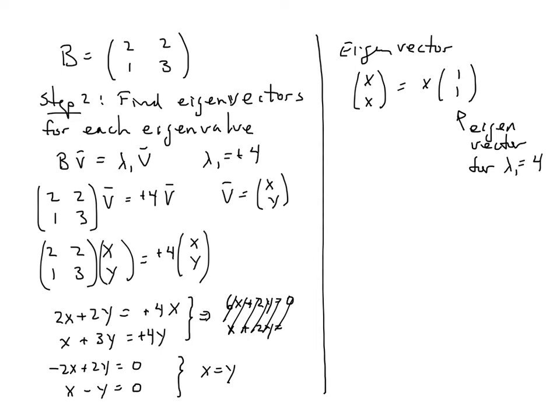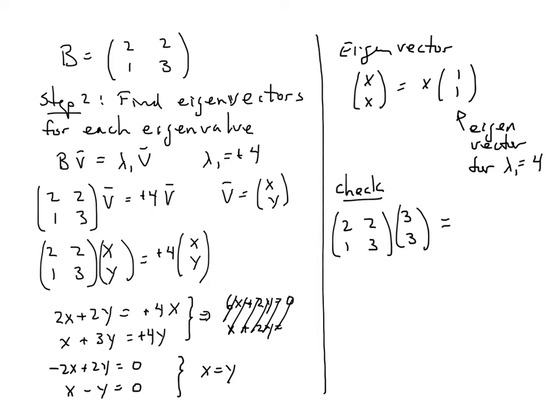And just as a quick check, I claim that anything in the 1, 1 direction will be stretched by 4 units. So let's just take 2, 2. Here's our matrix. And let's choose something other than 1, 1. Let's say 3, 3. I guarantee you that this will go to 12, 12. 2 times the 3 and the 2 times the 3, of course, give us a 6 and a 6.